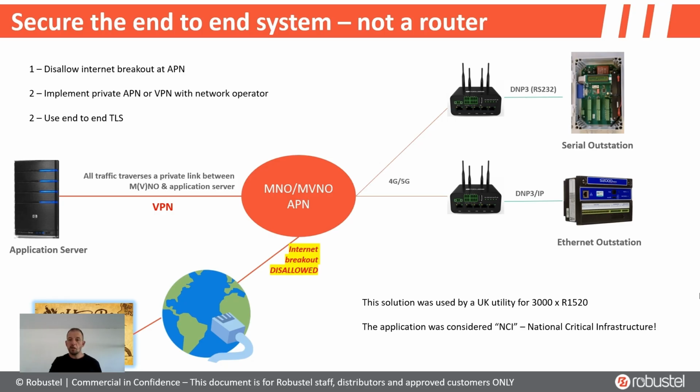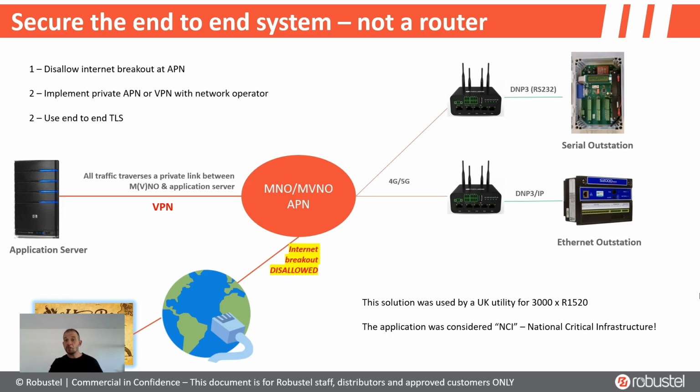You can use private IP addressable SIMs. You can disallow internet breakout completely. So a lot of the more practical and broad brush approaches don't really pertain to the router. But of course, we do everything we can to provide those assurances.